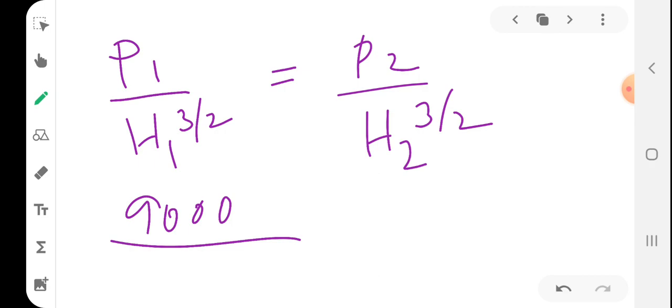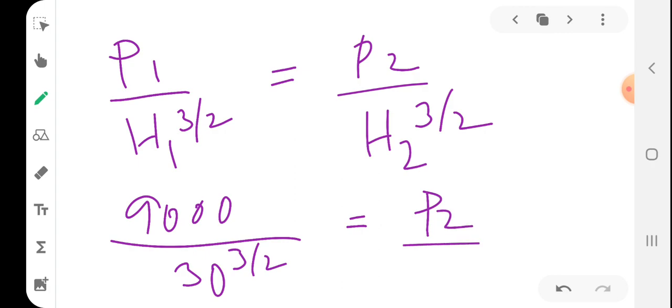You don't need to change the unit of the power, since this calculation is based on ratios. So 9000 divided by H1 which is 30 raised to 3/2 is equal to P2. P2 is unknown, we have to calculate P2, and H2 is 18 raised to 3/2.